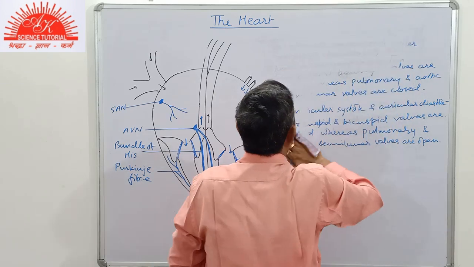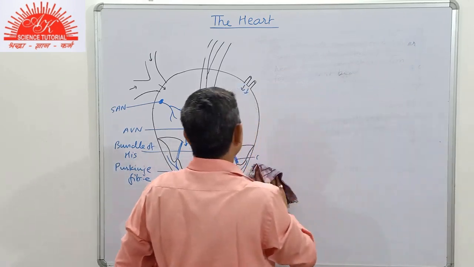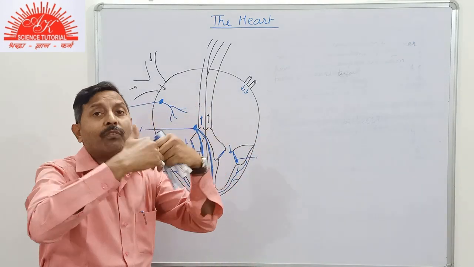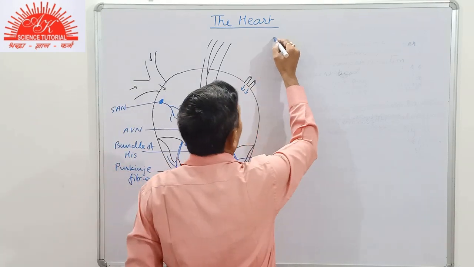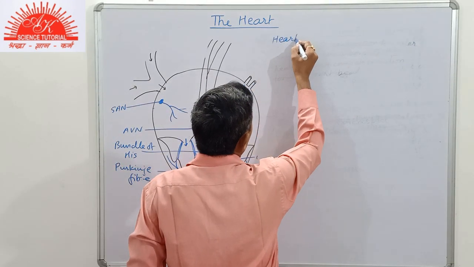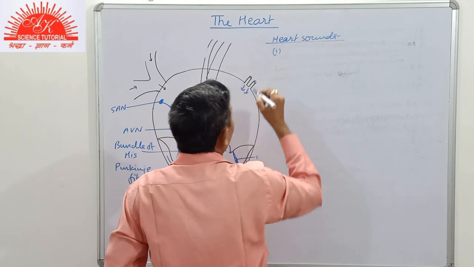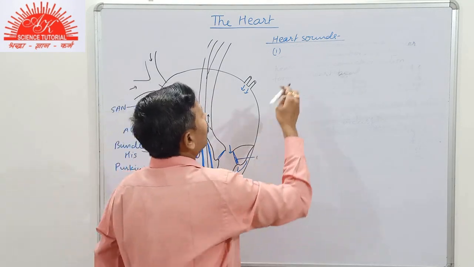Now, students, during the heartbeat, since the valves are opening and closing, due to the closure of the flaps of the valves, some sounds are produced, which are termed heart sounds. There are two types of sounds produced. One is called lub.